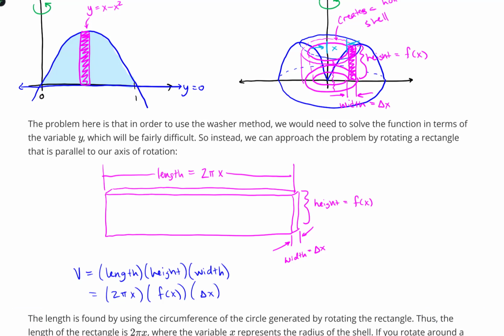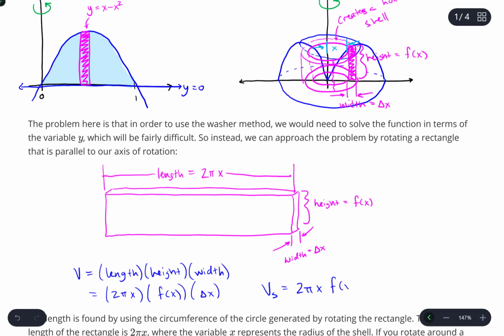So very often what we end up with is the volume of one of these shells is 2 pi x times our function times delta x. Now, if we were to add up a bunch of different approximations, we could take an integral and come up with the actual volume of the region.